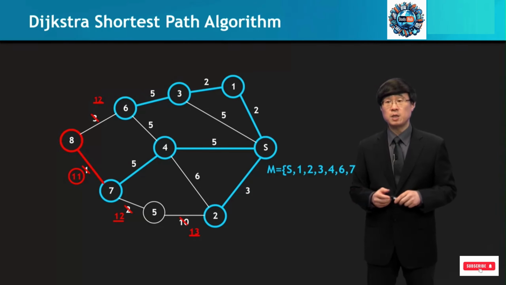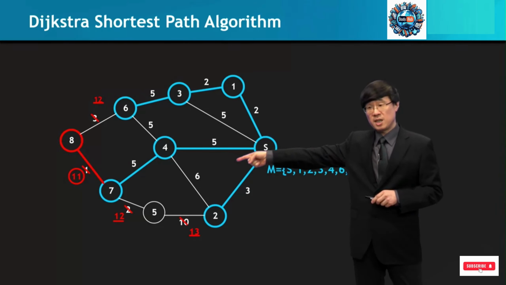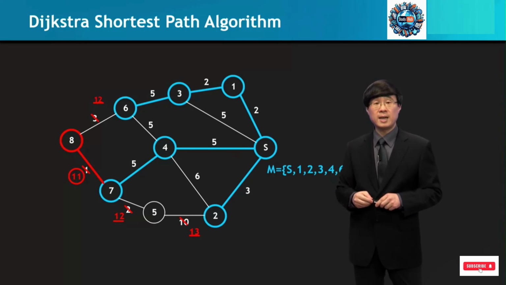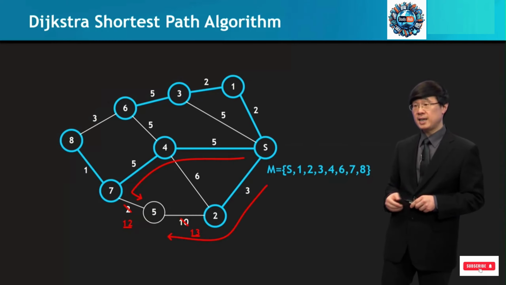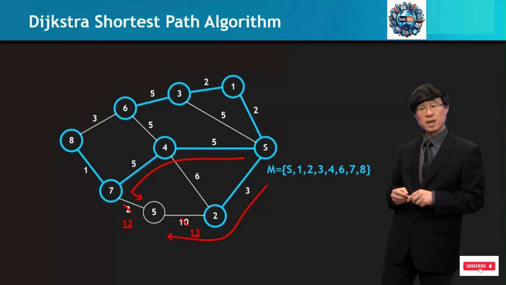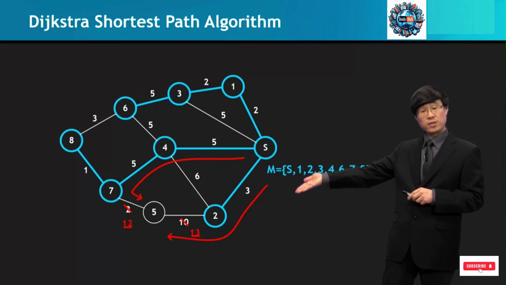Then, among the other options, we add the link, which is the 11 over there, which connects to node 8. And therefore, it is added right here. Then, among the remaining connections that we want to connect to the remaining node, node number 5, you see the two values over there, 12 and 13.